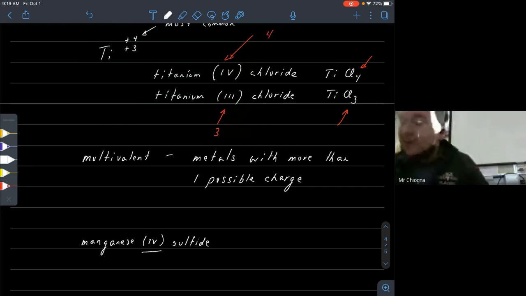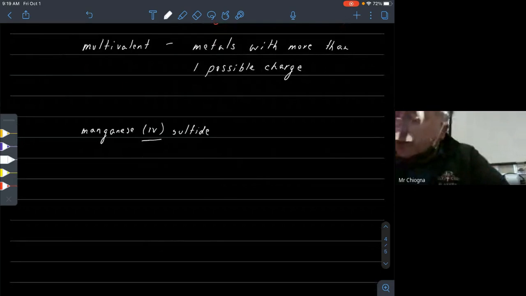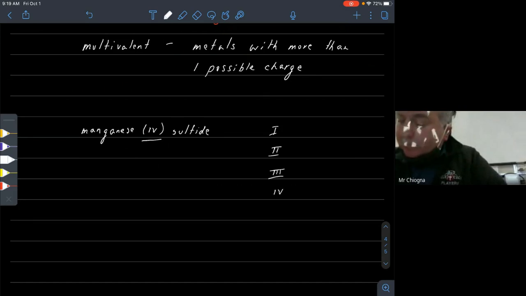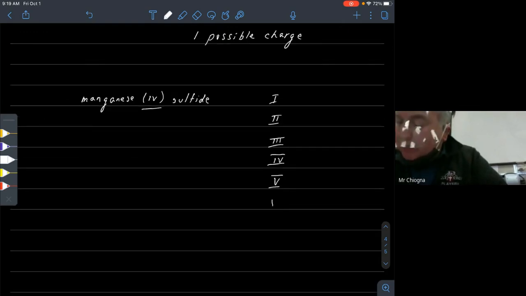So what are the corresponding numbers that we're going to be using with Roman numerals? I write them down. We don't go much higher than that. Maybe 6, maybe 7. I'll write down up to 7.